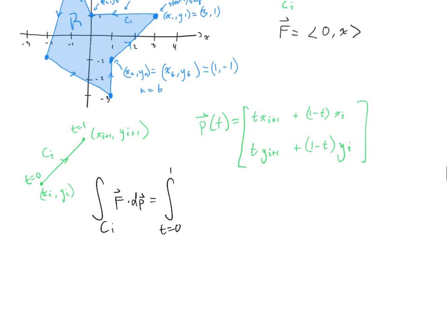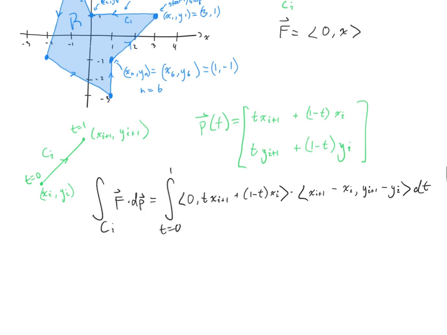So that works. And then our integral over ci of f dot dp becomes, when we pass to parameters, time going from 0 to 1. F is this vector field 0, comma x. My x coordinate is t xi plus 1 plus 1 minus t xi, dot dp, so that's p prime dt. And p prime looks like xi plus 1 minus xi, comma yi plus 1 minus yi, dt.